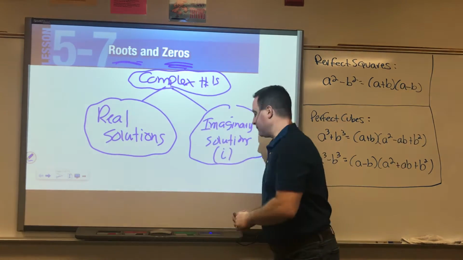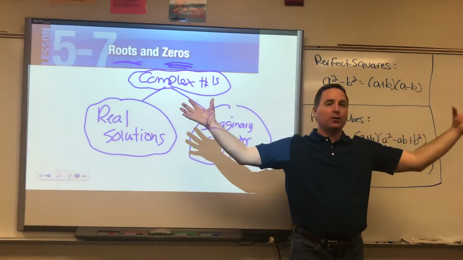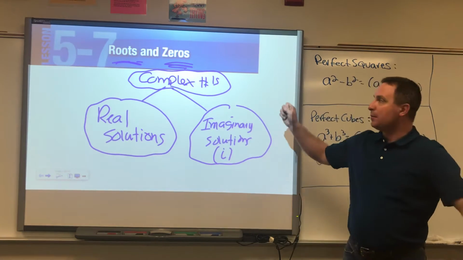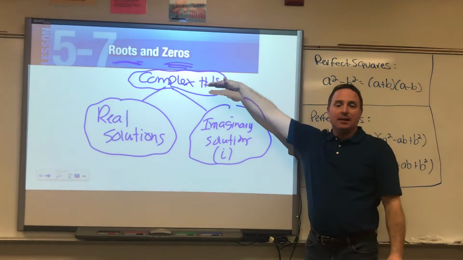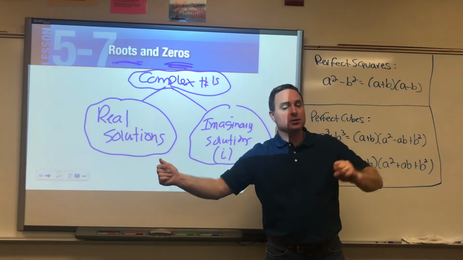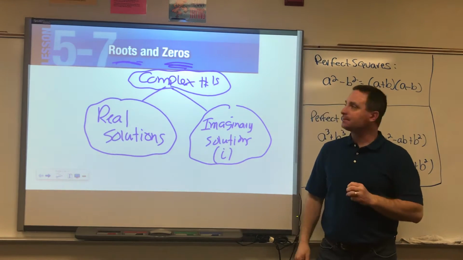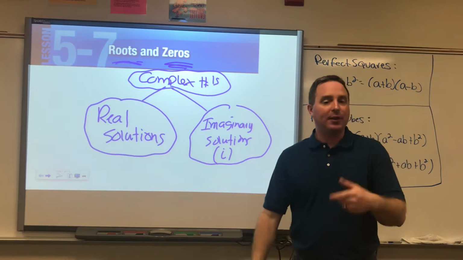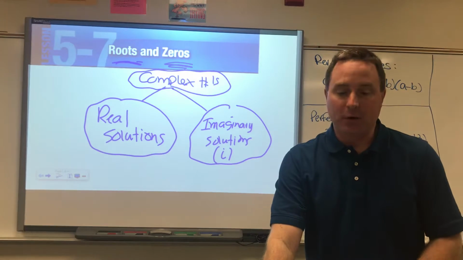Okay, so all the numbers, think of it kind of like the universe, all the numbers out there in the whole entire universe belong to the set of complex numbers. And of the complex numbers, they can be broken apart into the real numbers, the real solutions, and the imaginary solutions.